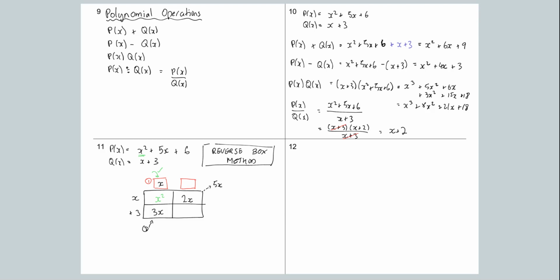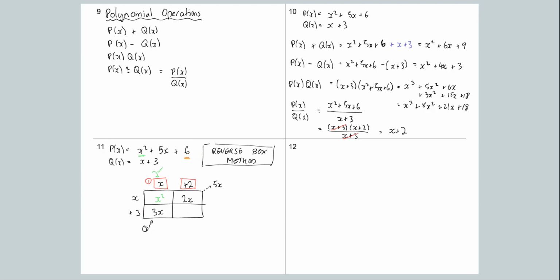Finally, I can work out what this box here is, because I know that this here has to be x times whatever this is. X times what equals 2x? Well, that answer is positive 2. And here's my check. When I multiply these 2 numbers together, I should get this number here.